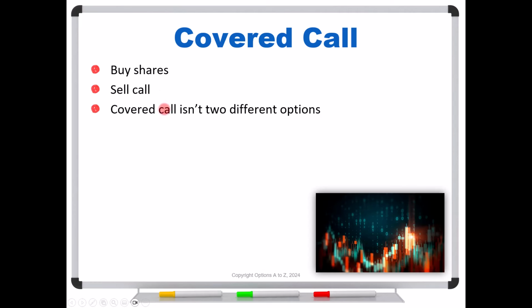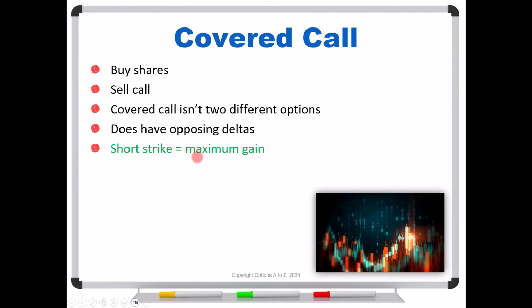So again, notice that the covered call isn't two different options, but don't let that throw you. It's long something and short something, and they have opposing deltas. All right, so that is something that the covered call does have. We've got long deltas here on the shares, but we have short deltas on the short call. And so again, the short strike will be the location of the maximum gain.